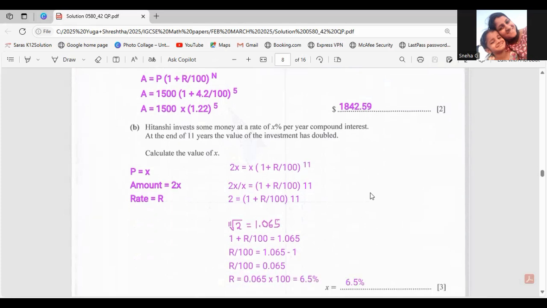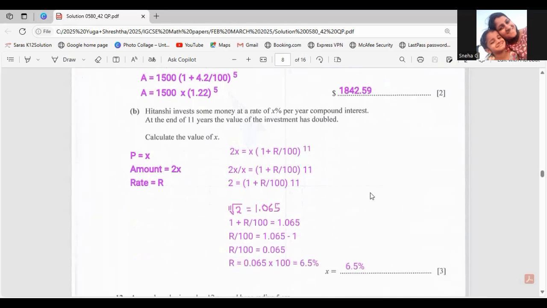B part of this question: Hitanshi invests some money at a rate of X% per year compound interest. At the end of 11 years, the value of the investment is doubled. Calculate the value of X. So let's assume that the value of our investment was x. That means the principal amount is x.